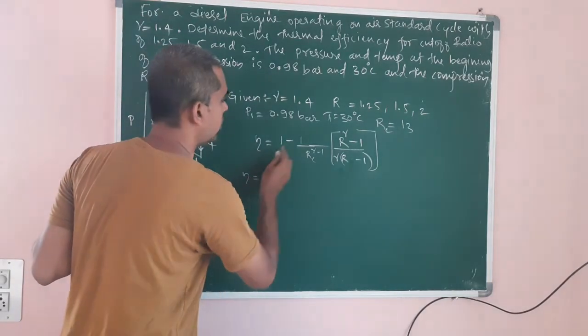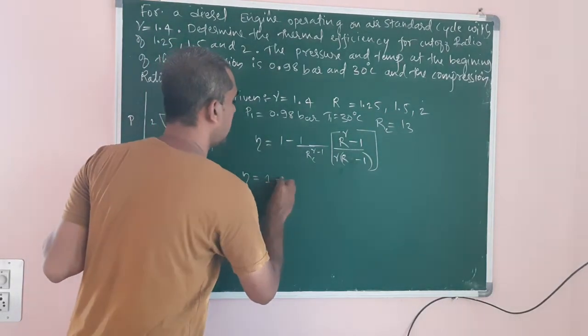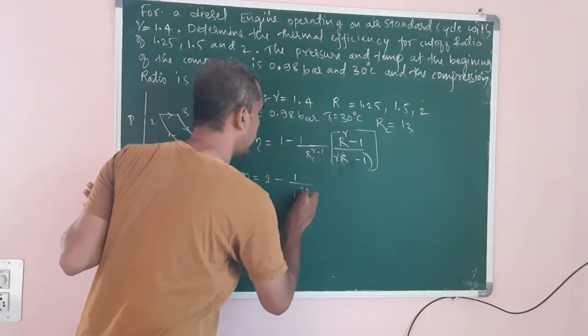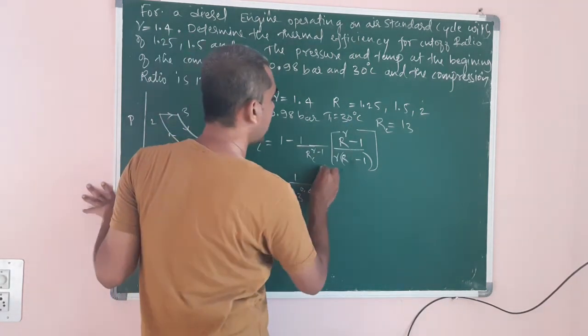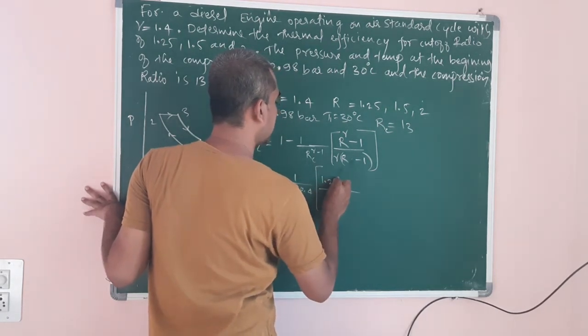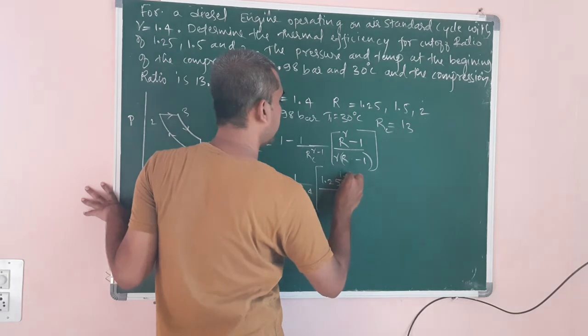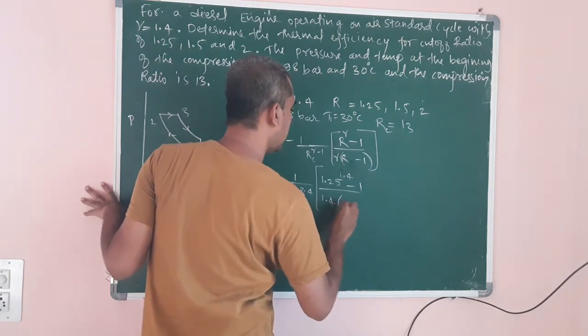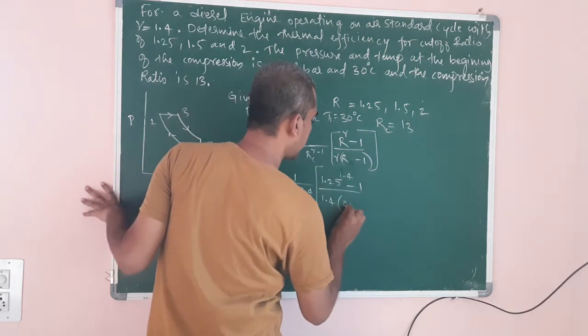First, we substitute: 1 minus 1 divided by 13 raised to 0.4, into 1.25 raised to 1.4 minus 1, divided by 1.4 into 1.25 minus 1, that is 0.25.